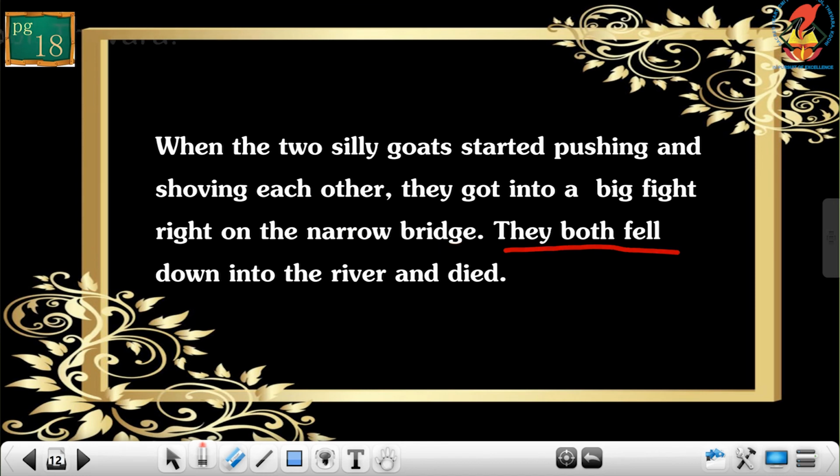They both fell down into the river and died. Repeat. And died.